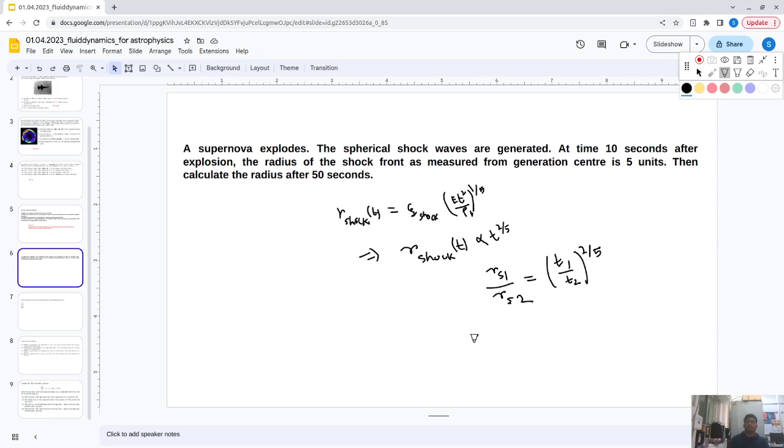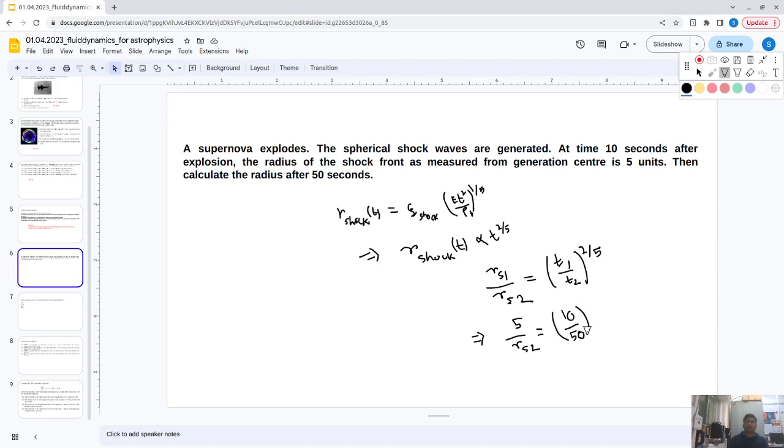So you have R1 as 5, T1 will be 10, T2 is 50, so the ratio is around 5.